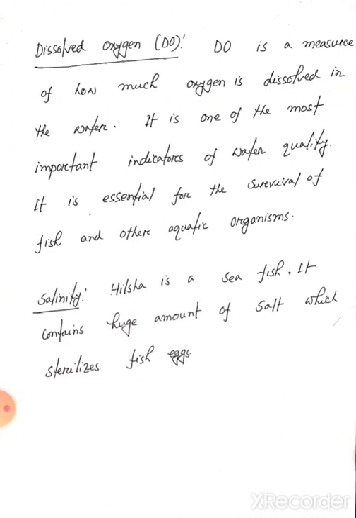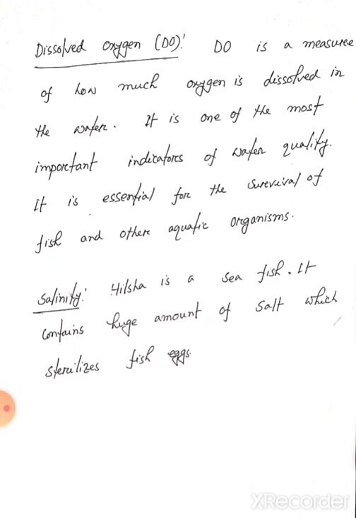So what is dissolved oxygen? Dissolved oxygen is a measure of how much oxygen is dissolved in the water. It is one of the most important indicators of water quality.